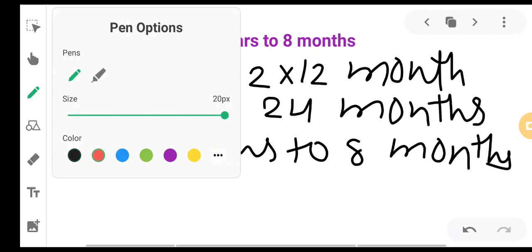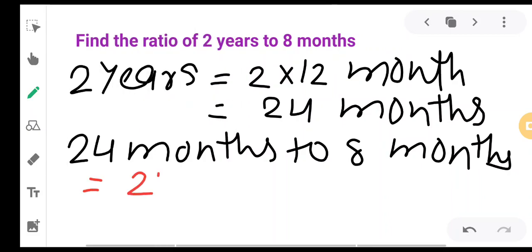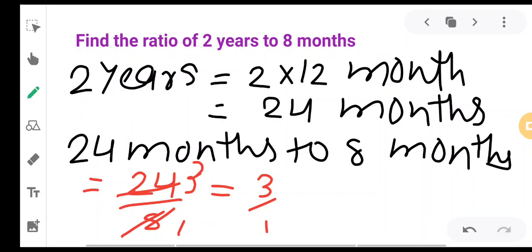So 24 divided by 8. 8 ones are 8, 8 threes are 24. So we can say 3 upon 1. So the final answer is 3 ratio 1. In this way, students, you can easily find any answer. Now we move on to some other different sums based on ratio.